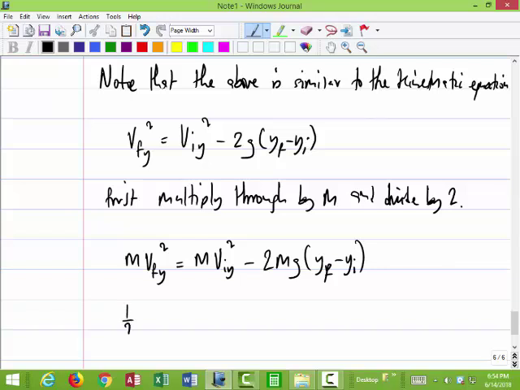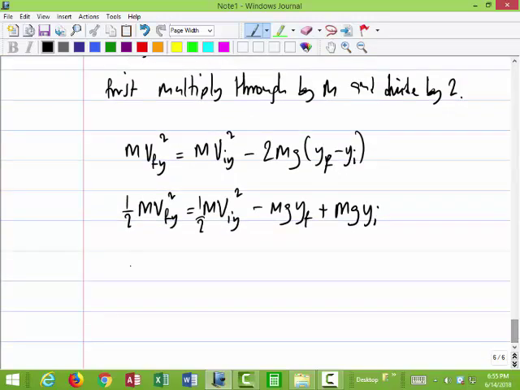Now dividing by 2 gives us half m v final y squared equals half m v initial y squared minus mg y final plus mg y initial.